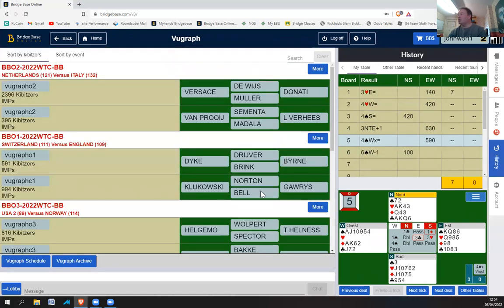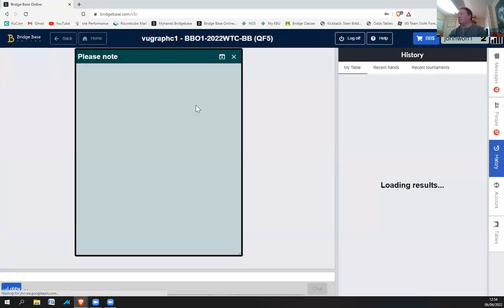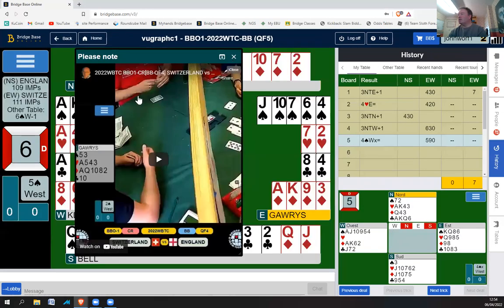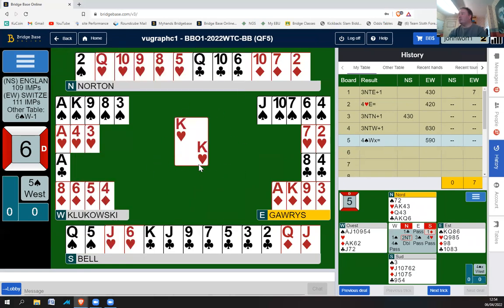So you can click on that table, and that's an actual visual of what they're doing in Italy at the moment, a reproduction, I guess. Here they're in 5 spades by West. The other table is 6 spades minus 1.